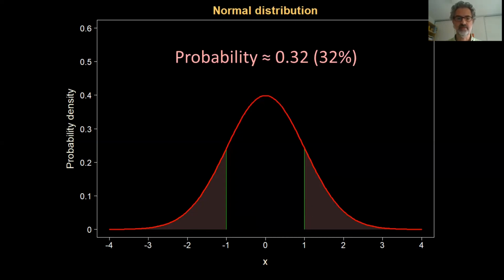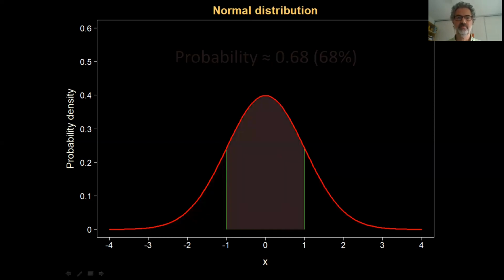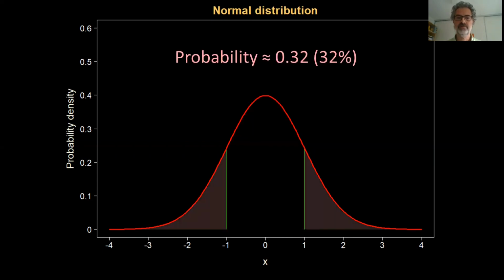And if that's 32, then what's left to complete the 100 has to be 68. So there is a 68% probability between minus 1 and 1, and a 32% probability outside of this range.